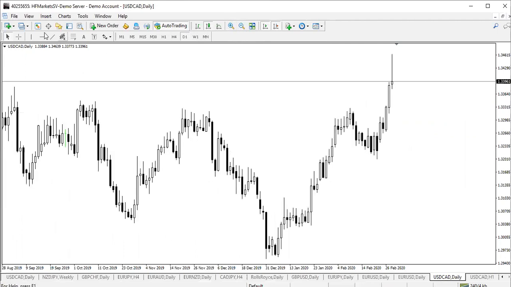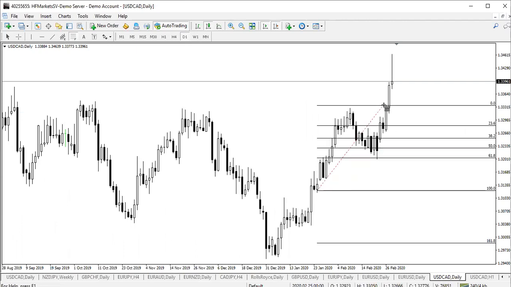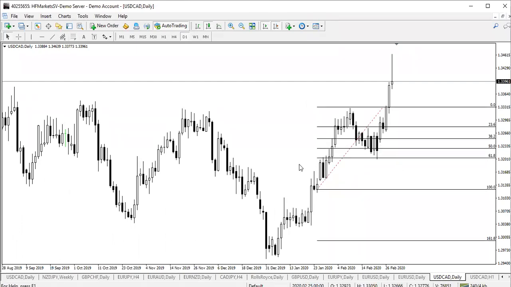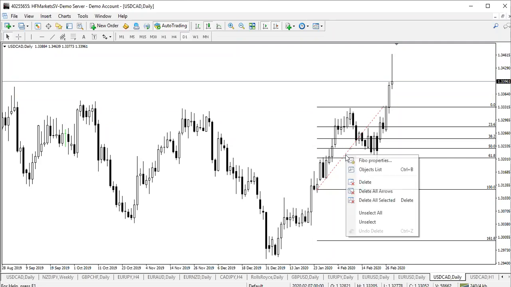Even though this does not fit into our example, let me show you something. Look at what happened. Price moved all the way, retraced to 61.8, and then boom, up. I just wanted you to see that those retracements are not coincidence.